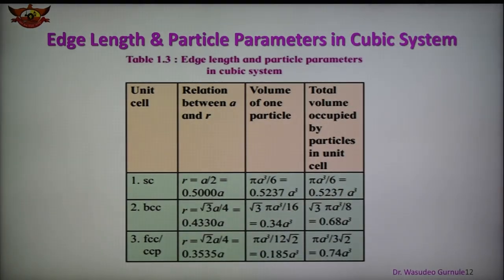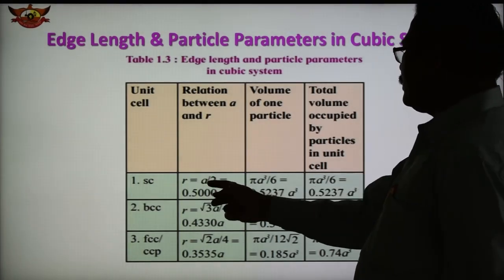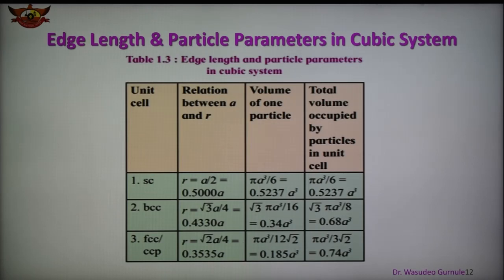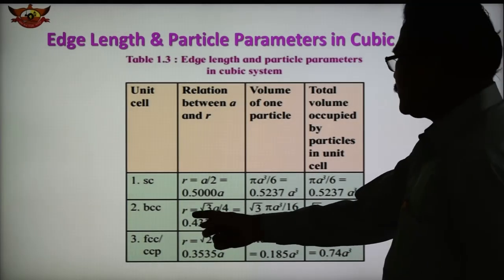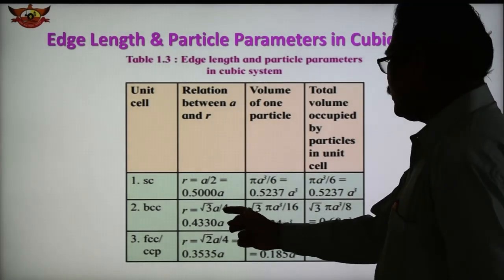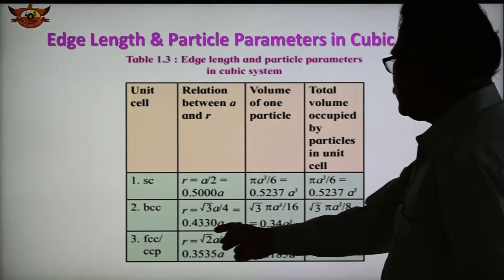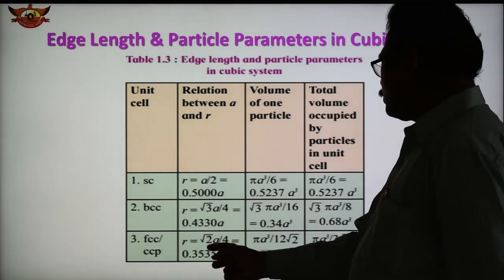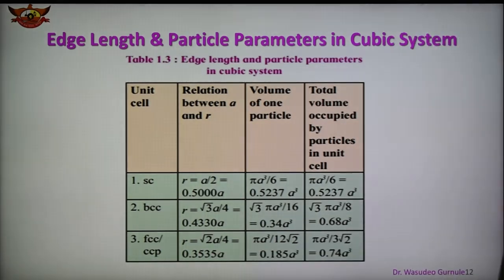The relation between a and r is shown here: for simple cubic, r equal to a by 2, which is 0.5a. In case of BCC, r equal to root 3a by 4, which is 0.43a. And in case of FCC, r equal to root 2a by 4, found to be 0.35a. This is the value of r and the relation between r and a.